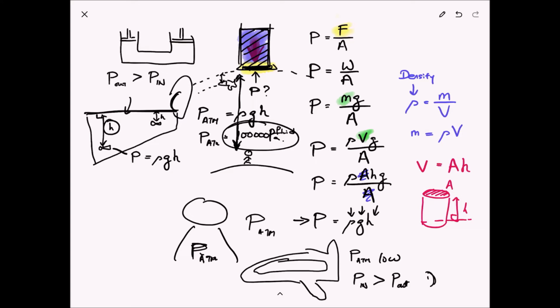Technically speaking, even if you are standing on flat ground, you are under 100,000 Pa. So if a question asks what pressure you are feeling when you are under a certain liquid level, you have to add in the atmospheric pressure. So when you are diving, your body is actually under this amount of pressure.